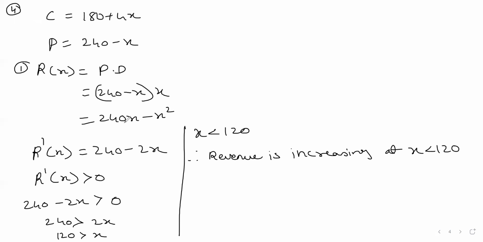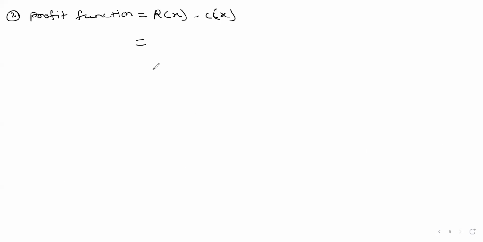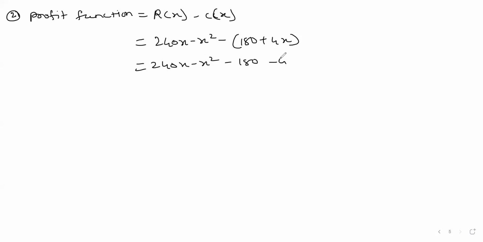So what is revenue? 240x - x². 240x - x² minus cost function, which is 180 + 4x. So this is 240x - x² - 180 - 4x. This is -x² + 236x - 180.